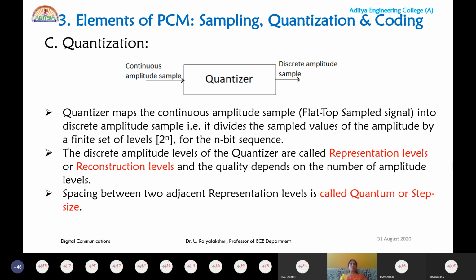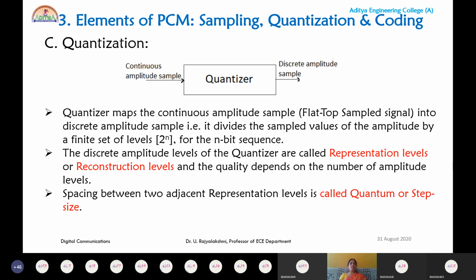Always remember that a sample is nothing but a discrete time signal. The continuous amplitude sample is the output of the sampler, and it is applied to the quantizer. So the quantizer converts the continuous amplitude sample into a discrete amplitude sample.